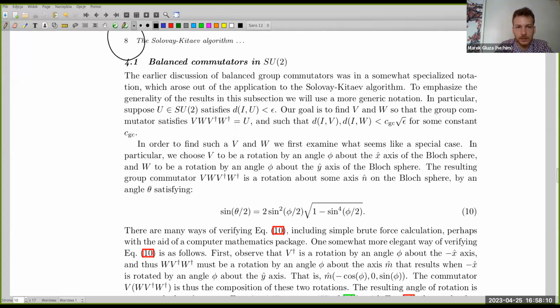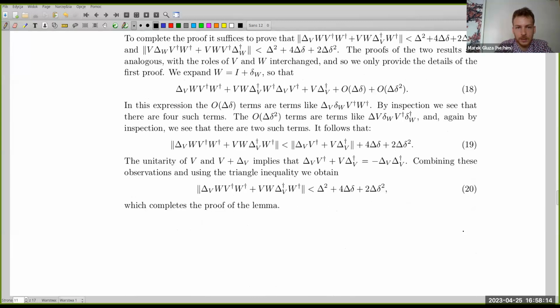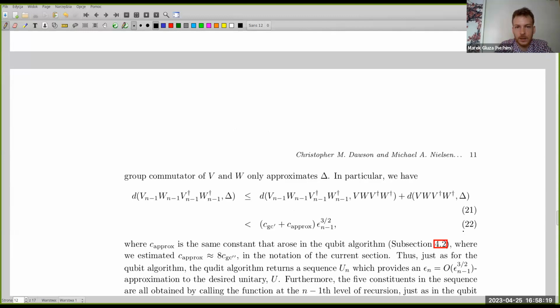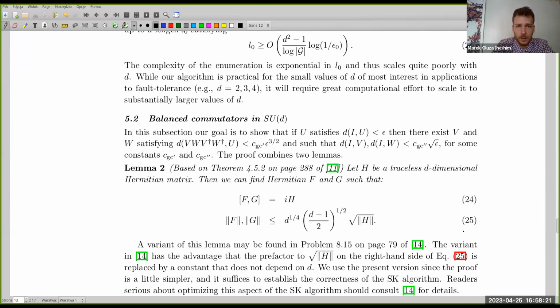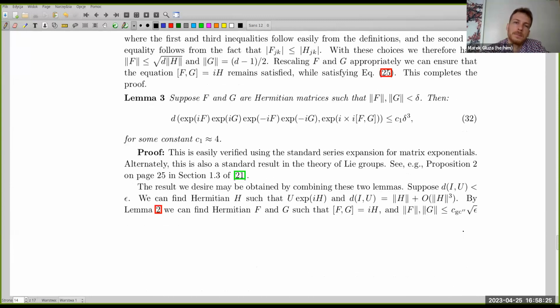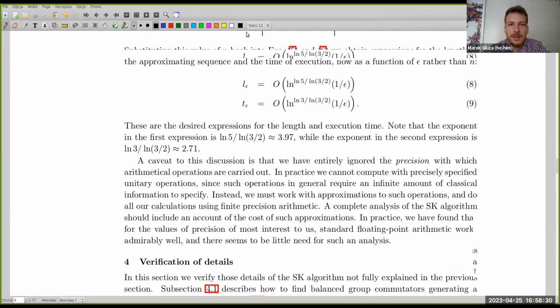Can we find this? GC approx. Sorry, I'm getting tired. Maybe too many scribbles.